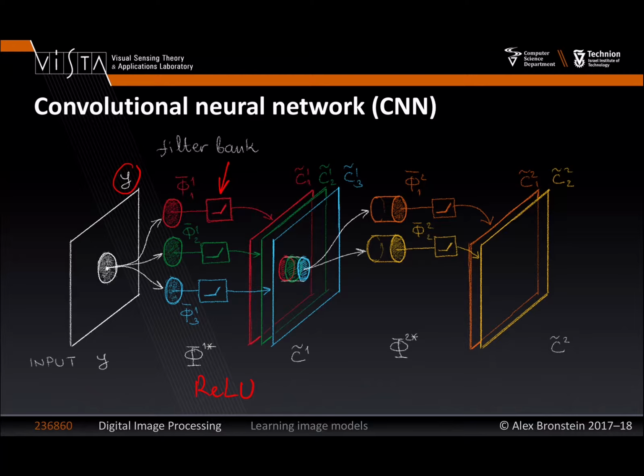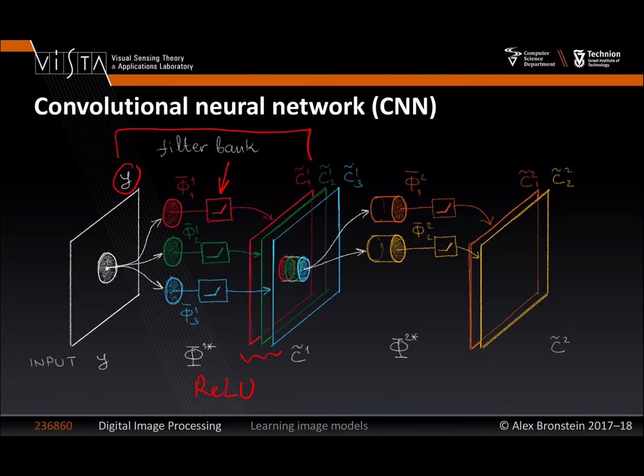And we are outputting a vector valued image. So these are channels. Each filter produces a channel in this multidimensional image. Again, in this jargon, this is typically called feature maps or channels of the output image. And this is what the first layer does.